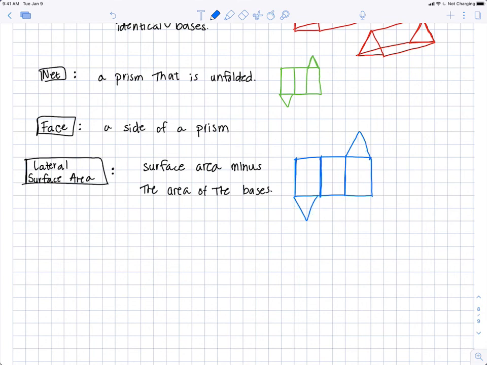Those are my identical shapes. And the rest of the area of this prism is what I call the lateral surface area. So it is essentially the area of this 3D figure minus the two bases. All right, and there you have it. That's the vocabulary we have for this lesson.